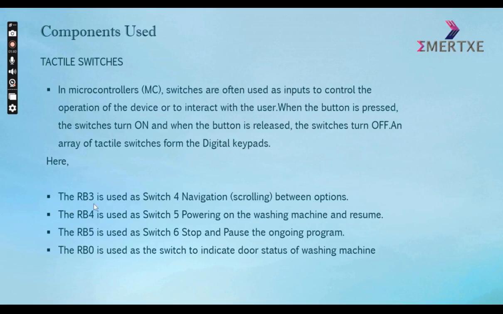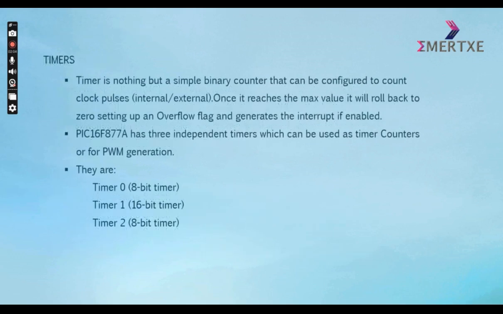Here, RB3 is used as a switch for navigation or scrolling between the options, and RB4 is used as the switch for powering on the washing machine and resume. RB5 is used as switch 6 to stop and pause the ongoing program, and RB0 is used as the switch to indicate the door status of the washing machine.